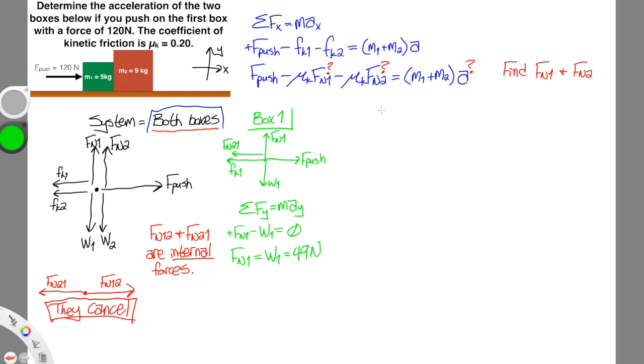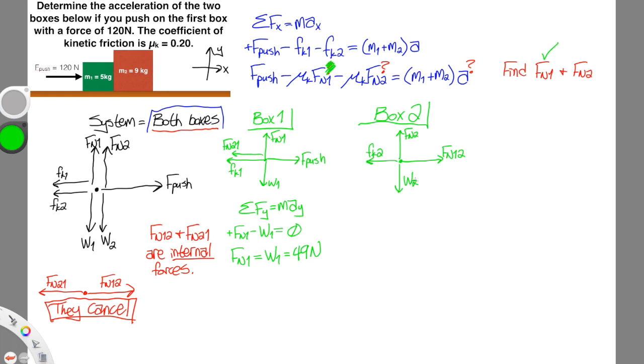So now we have Fn1, no longer an unknown. And we can go look at box 2 as well, because we still need Fn2. To remind you of that free body diagram, we had Fn2 acting upward, weight 2 acting downward, the normal force of box 1 pushing on box 2 to the right, and the force of kinetic friction number 2 to the left.